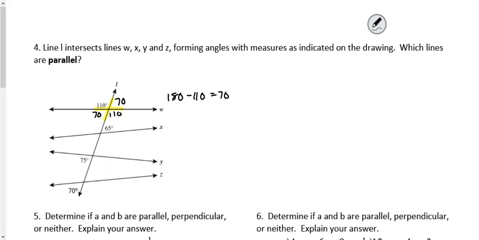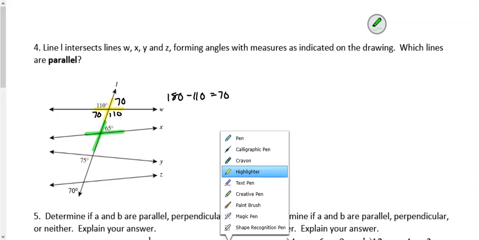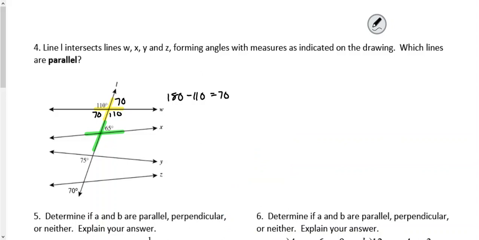Okay, in the next section, we have 65. So I know across from that is also 65. To find the one next to it, we take the 180, subtract 65, we get 115.